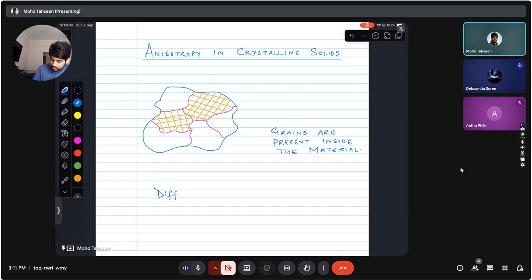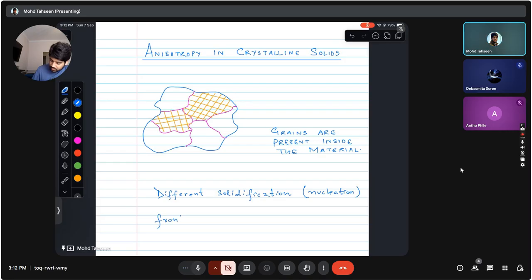This is the usual case in which grains are formed, through different solidification or nucleation fronts.